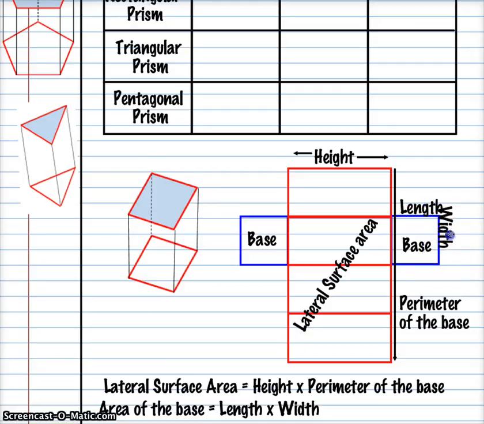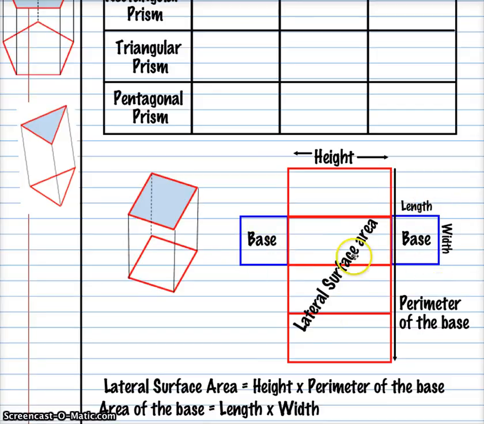These are the side lengths of this square. Let me make this a little bit smaller. Length and width from here to here. This is the area of the base. The base is the whole square on the bottom. This length is a single value.